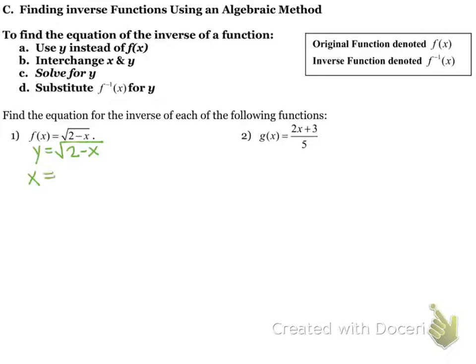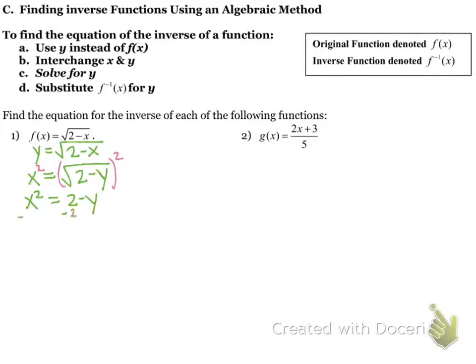So it's going to be x equals the square root of 2 minus y. Now we're going to solve for y. To undo the radical, I'm going to square both sides, which gives me x squared equals 2 minus y.